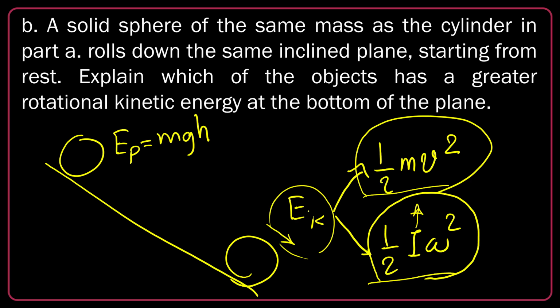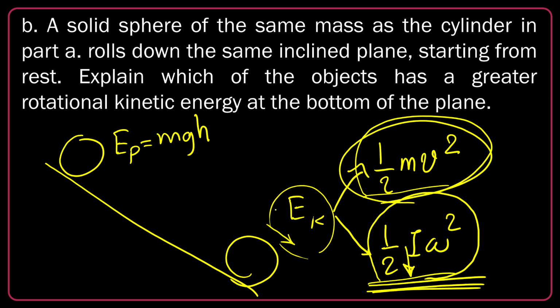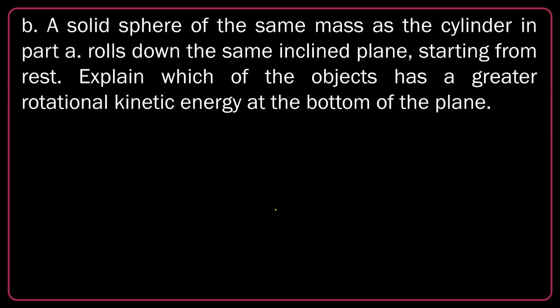When I replace it for a sphere, it has less moment of inertia. So this is going to be smaller, and then a half of mv squared is going to be larger. So if I replace it for a sphere, I expect larger speed, larger linear speed at the end.